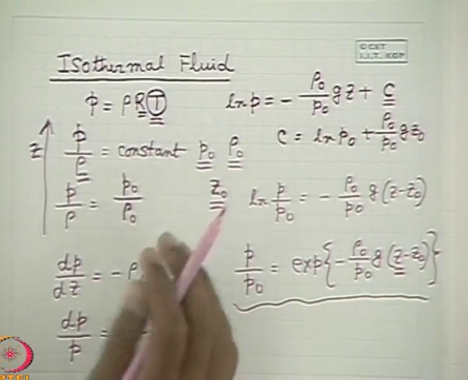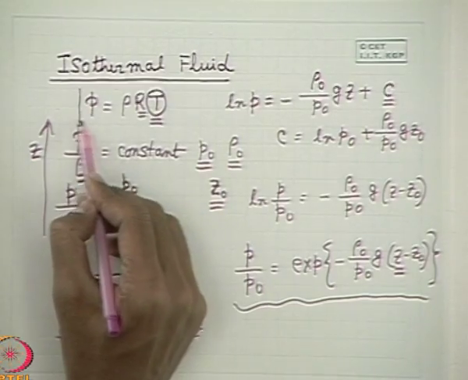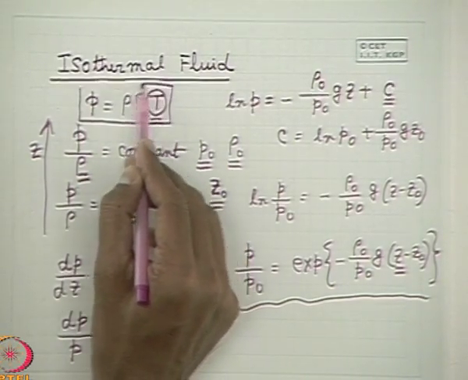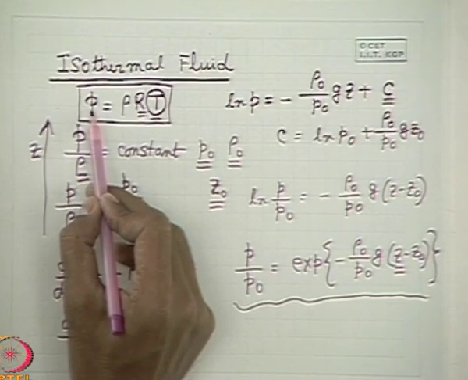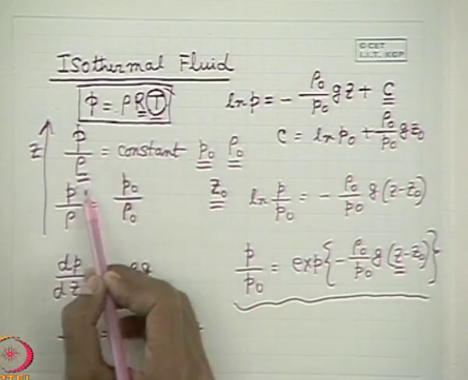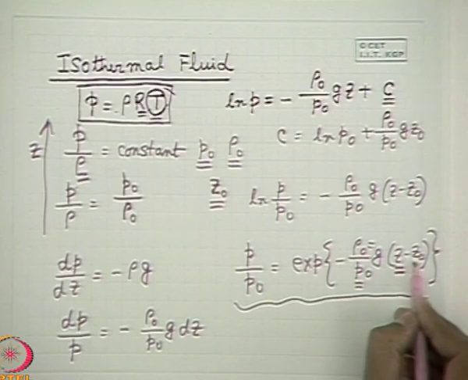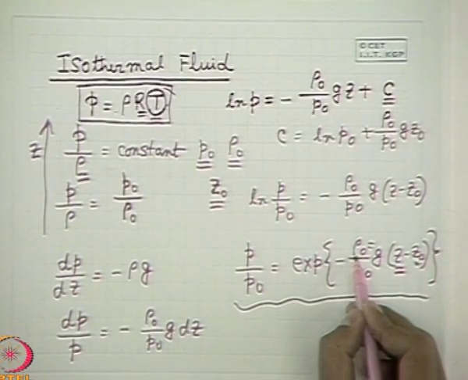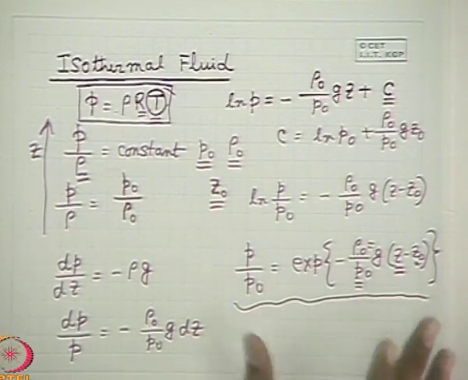We consider this compressible system to behave as a perfect gas, where the equation of state, the relationship between pressure, density and temperature, has the form P is equal to rho RT. Therefore, P0, rho 0 and z0 are the reference states. That means at some location z0, we know the pressure as P0 and density as rho 0. So this is the expression.